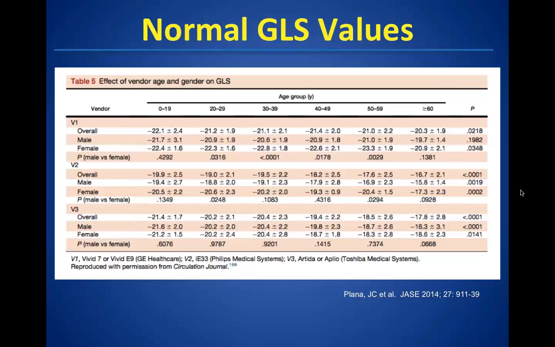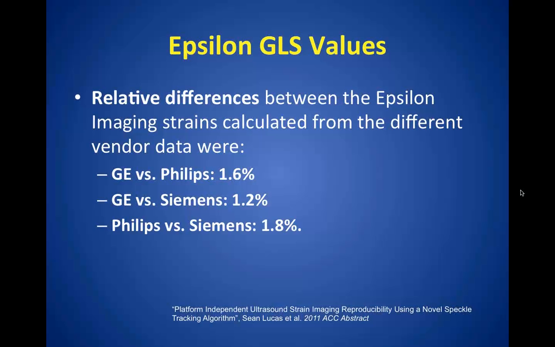Generally, approximately negative 20% is considered a normal global longitudinal strain value. Epsilon has also looked at the relative differences between different vendor data, and this slide shows the relative differences based on Epsilon imaging strain.